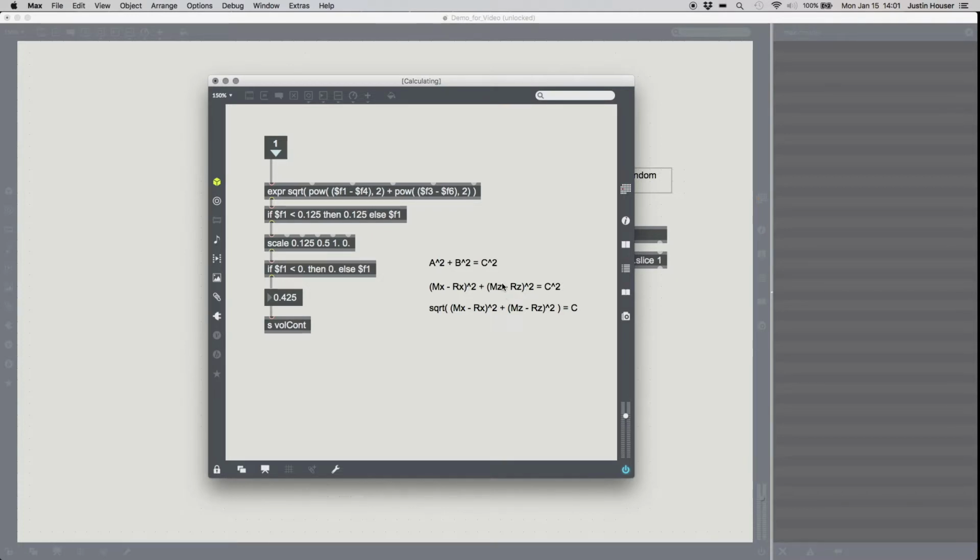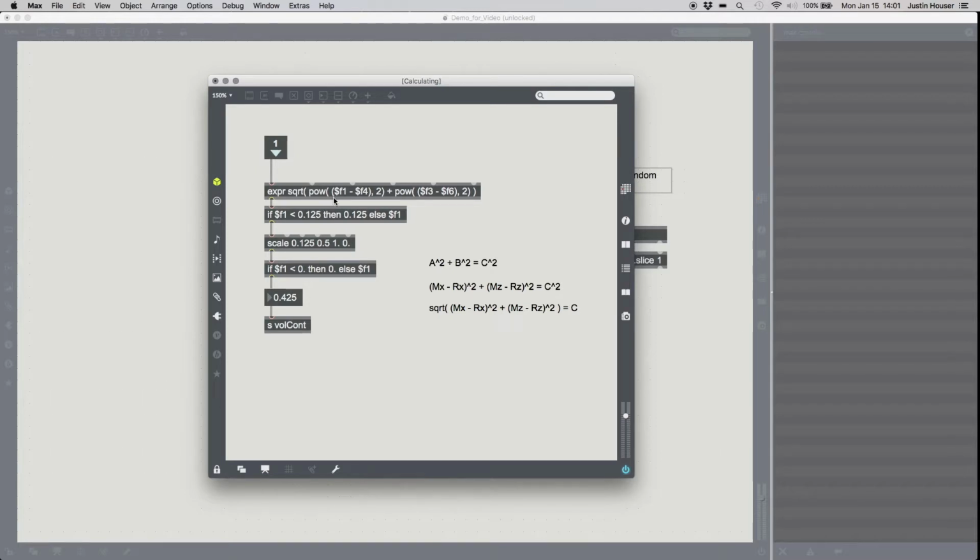We square each of those and add them together, which gives us the distance squared. Then we find the square root of all of that, which will give us the actual distance that we're looking for, which is what this equation right here is doing, the square root and pow information.